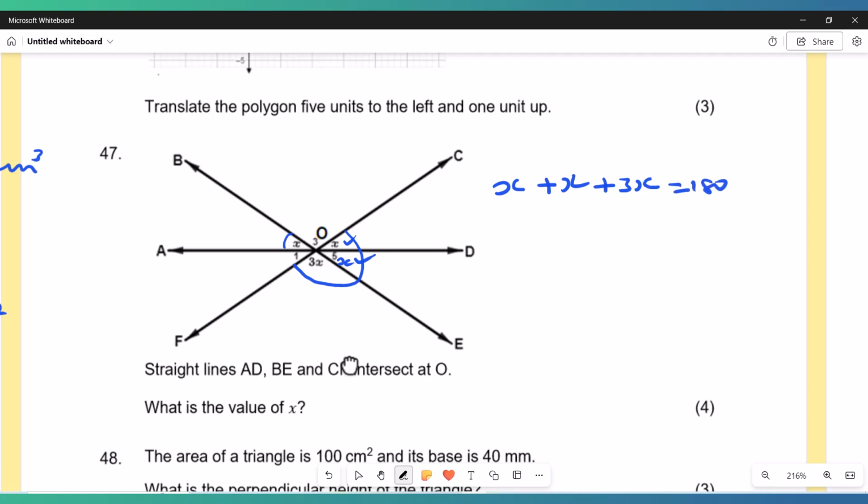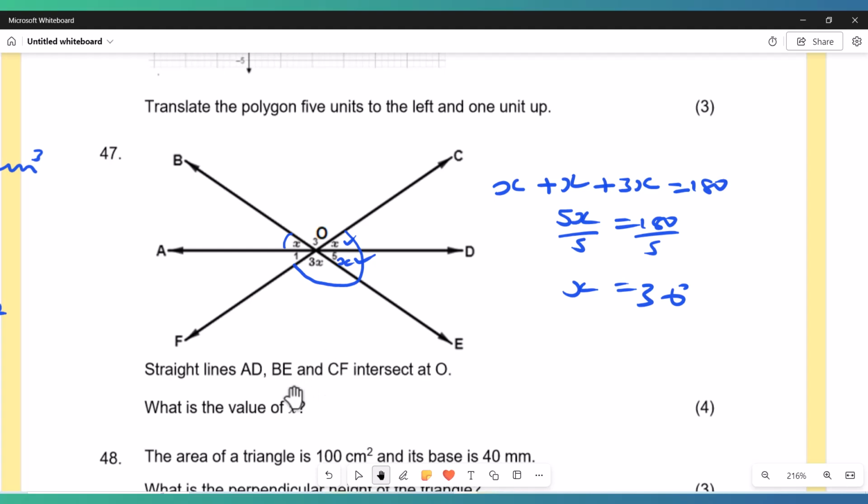Okay, so here I'm going to get 5x equals 180 degrees, so 180 divided by 5. So calculators, what do you get, guys? 180 divided by 5 gives us 36 degrees. Okay? Now here the reason was because of adjacent angles on a straight line. Okay, that's why I put 180.